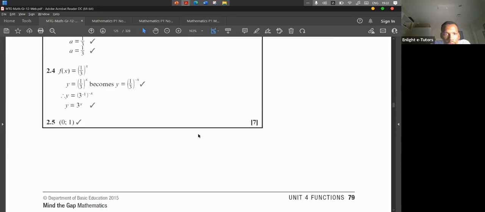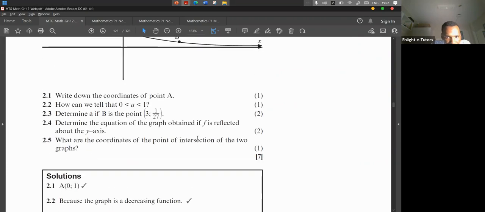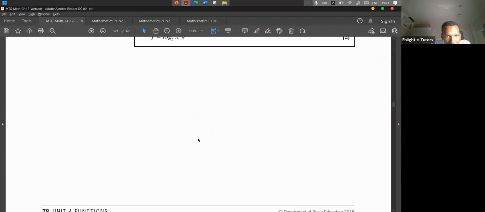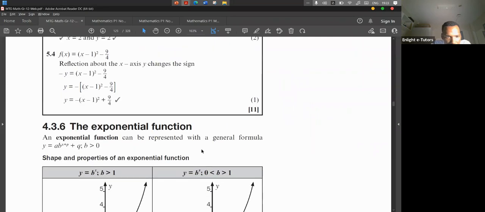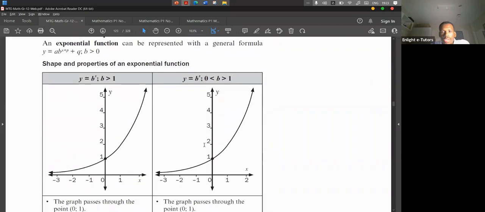Let me remind you of a small thing about the exponential.